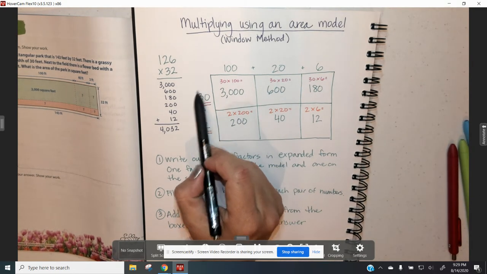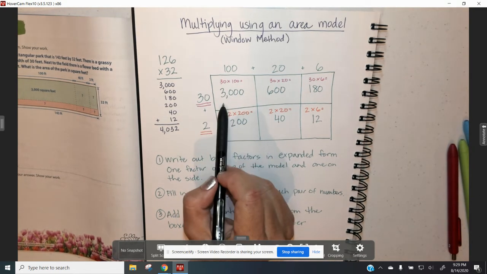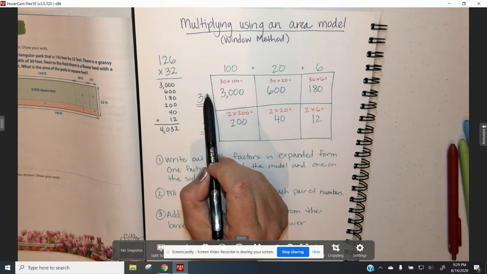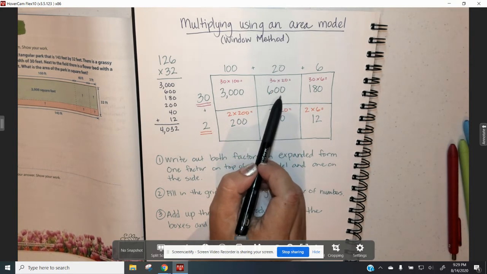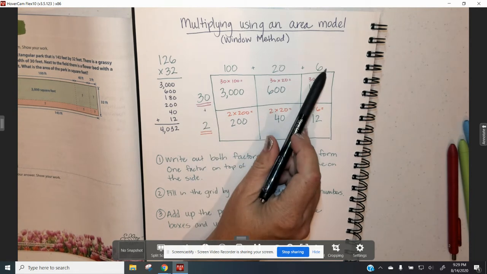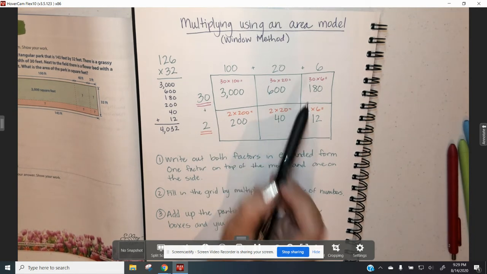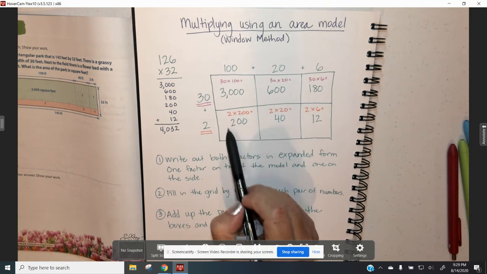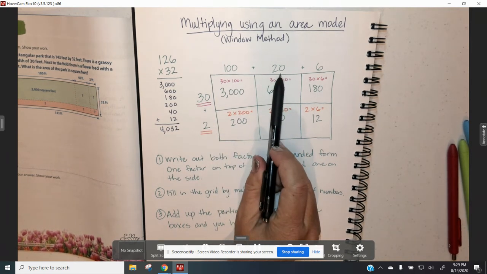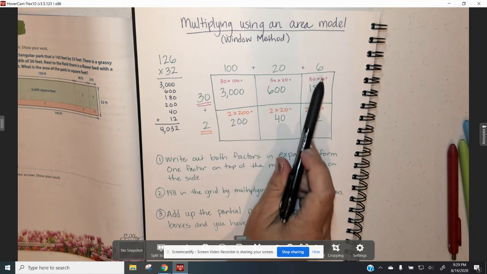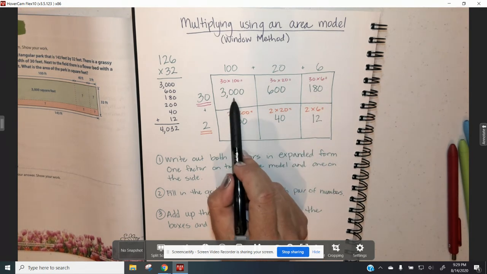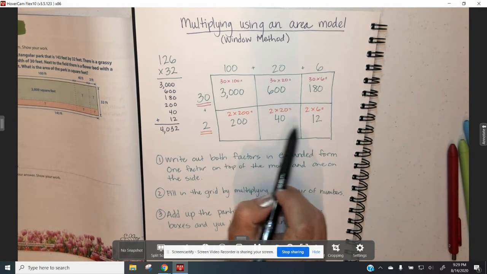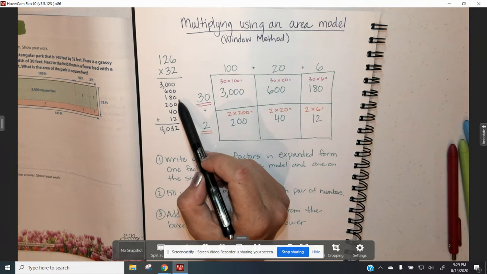We're going to multiply 30 first by 100, which is 3,000, then 30 by 20, which is 600, and then 30 by 6, which is 180. Then we're going to multiply 2 times 100, which is 200, 2 times 20, which is 40, and 2 times 6, which is 12.